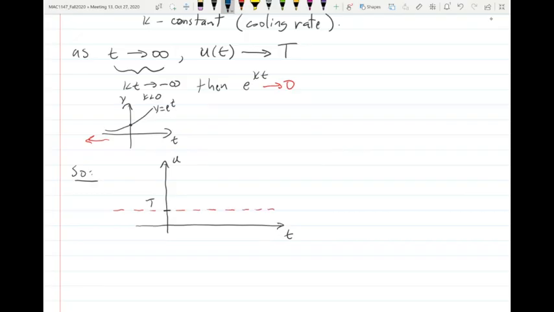Then we have our original initial temperature, let's call it u0. This is the original temperature of the heated object, and then over time, this is what's going to happen. This is how the function u of t looks. It's decreasing, starts cooling down, and then as t approaches infinity, it gets closer and closer to the room temperature. So that's the visual of how the model will look.